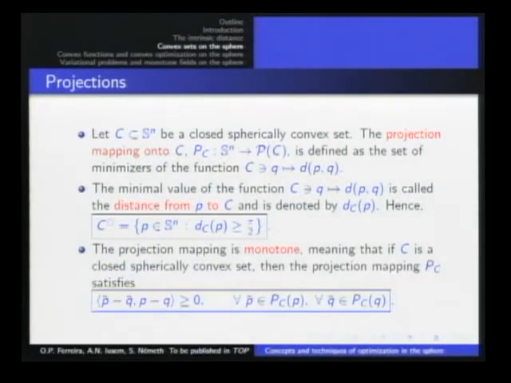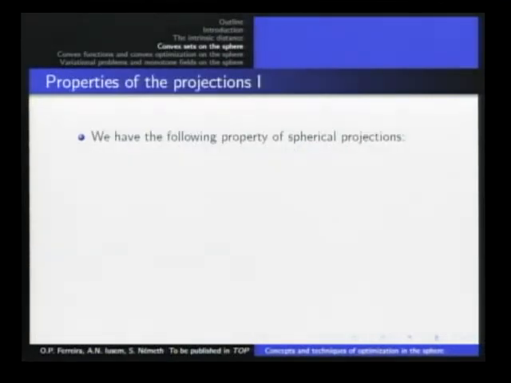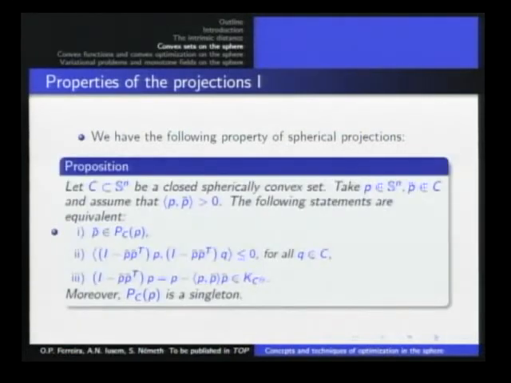The projection mapping is monotone, in a spherical sense: the scalar product of P̄ minus Q̄ with P minus Q is non-negative for all P̄ which is a projection of P over C, and all Q̄ which is a projection of Q over C. We have monotonicity.